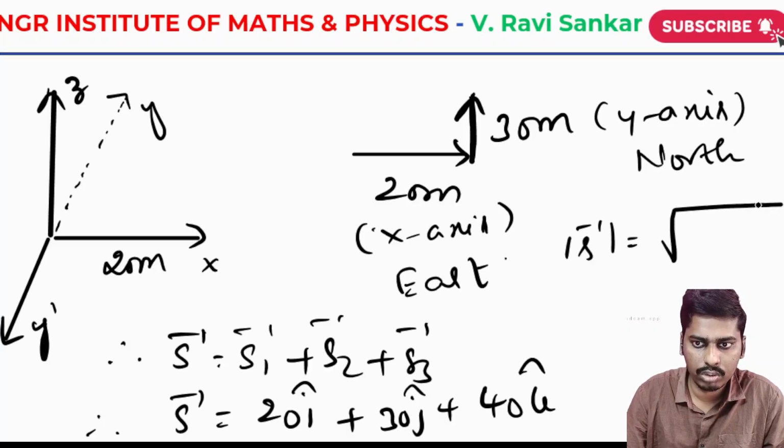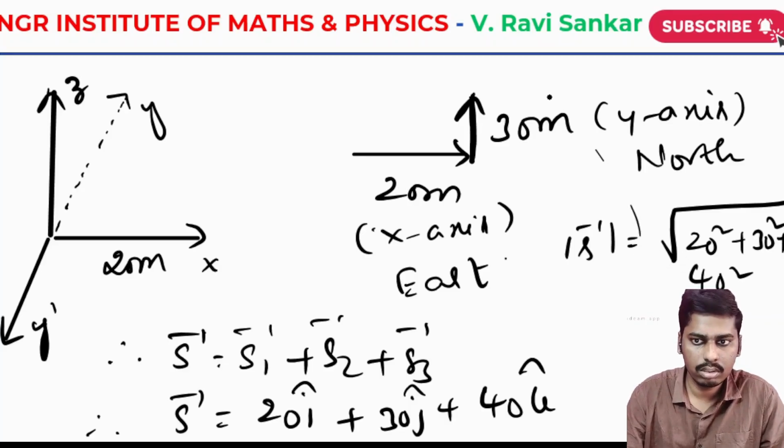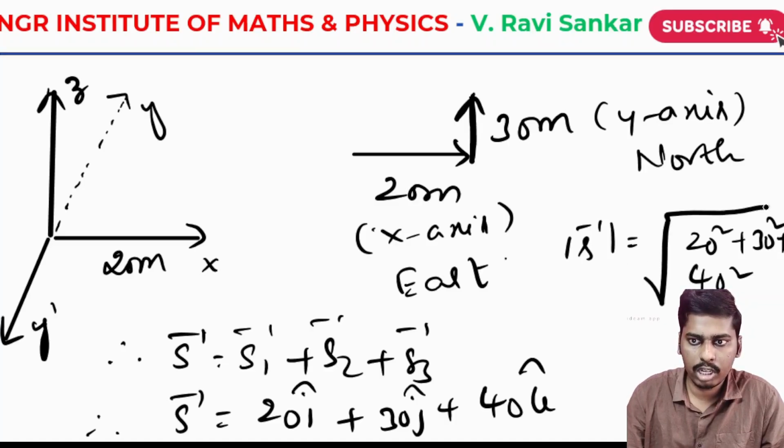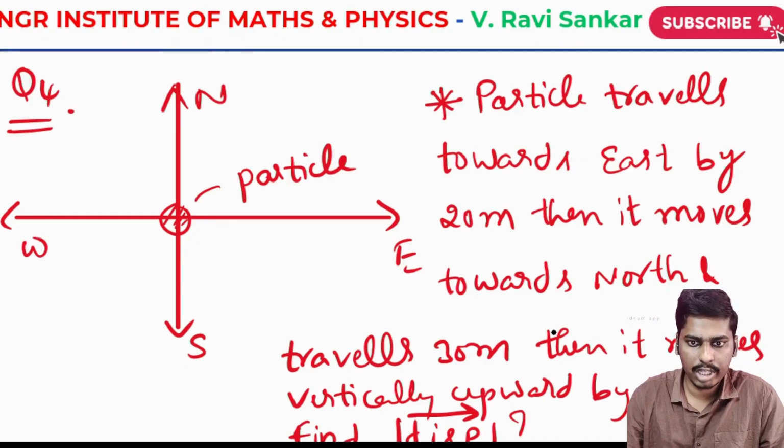This is equal to square root of 20 squared plus 30 squared plus 40 squared. That is the value of displacement. You try to calculate the displacement.